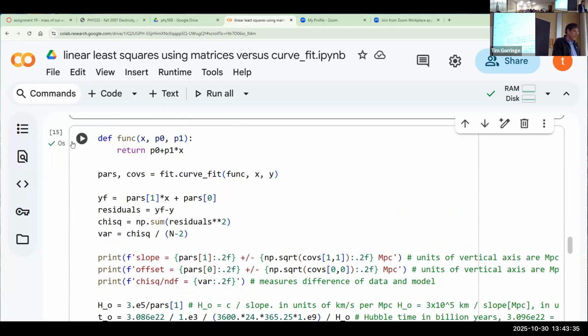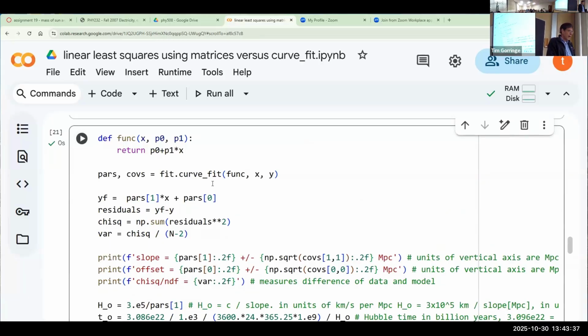This cell down here, I wanted to show you how to use a library fitting routine. We imported this library package fit. It contains a function curve fit that you can use to fit the data. When you call curve fit, you call it with the arguments that are obvious.